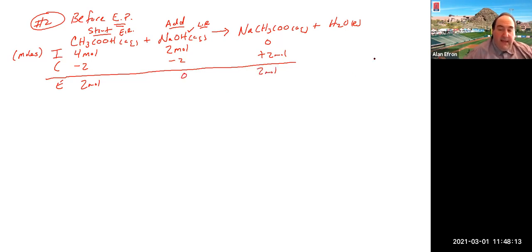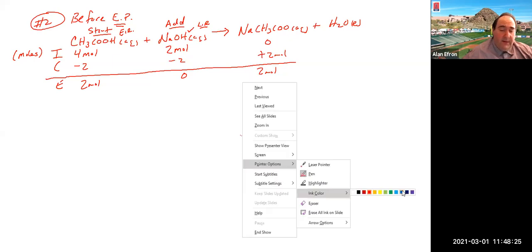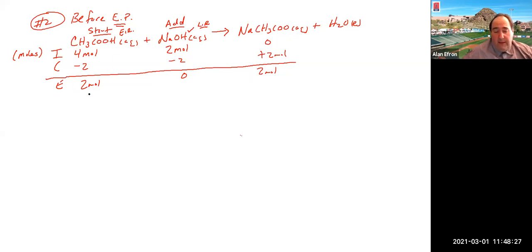Again, we want to make sure we do this in moles. At this point, a very important thing is to convert these back to molarity. We would divide by the total volume in liters to get the molarity of both of these. Any questions on the ice table setup here?